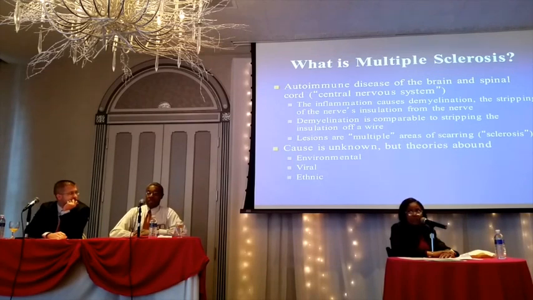And even in this country, one of the interesting things we see is that the further north you go, the more likely you are to see people with multiple sclerosis. So what it indicates is that maybe there's something environmental that makes MS more likely in those locations.